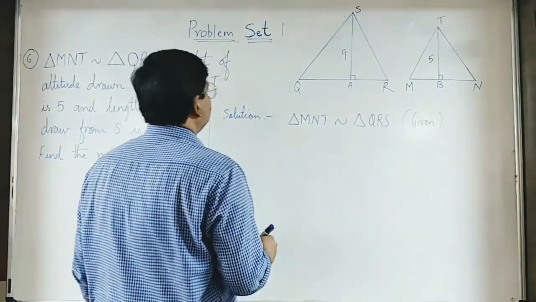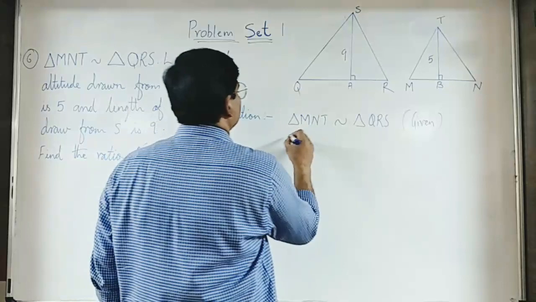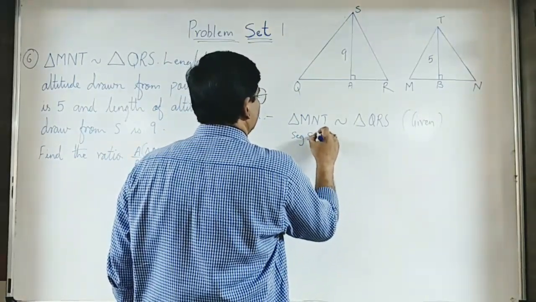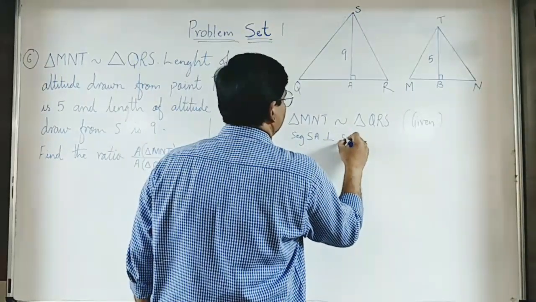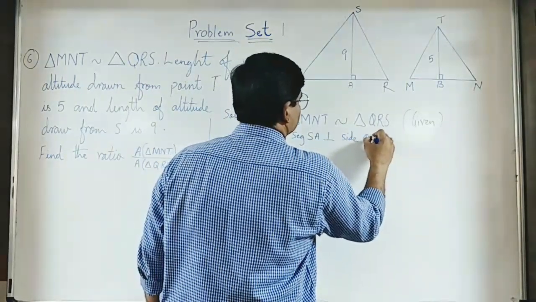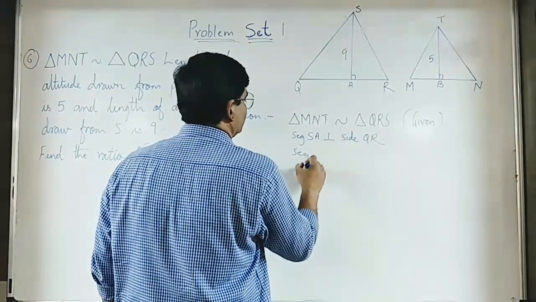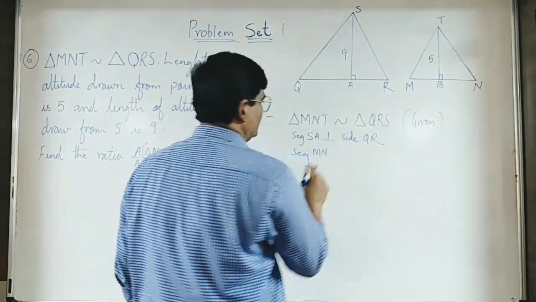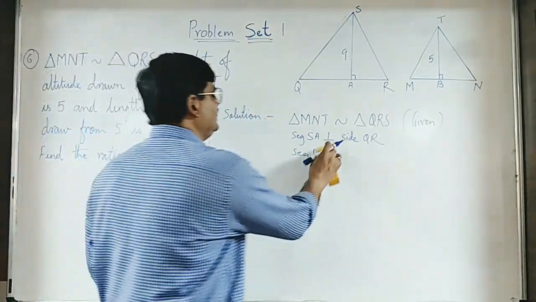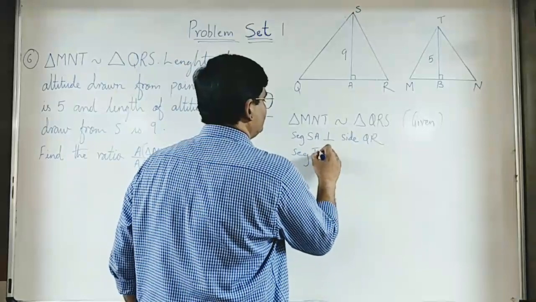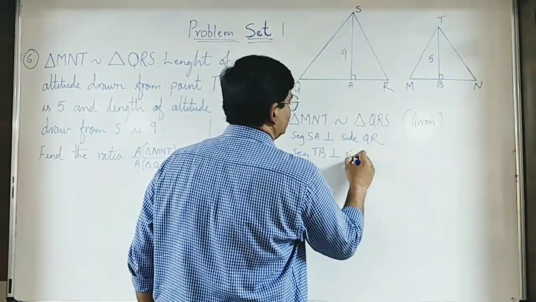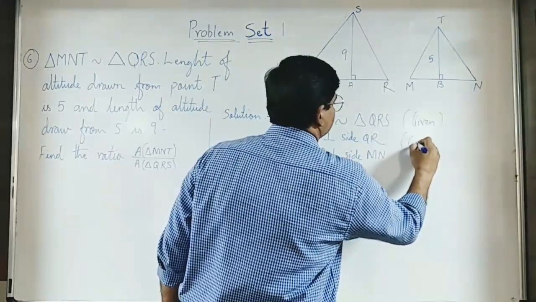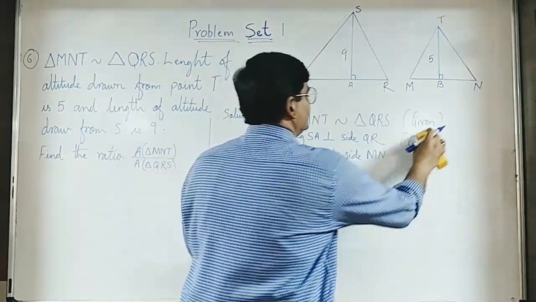Then seg SA is perpendicular to side QR, and seg TB is perpendicular to side MN. These are also given to us.